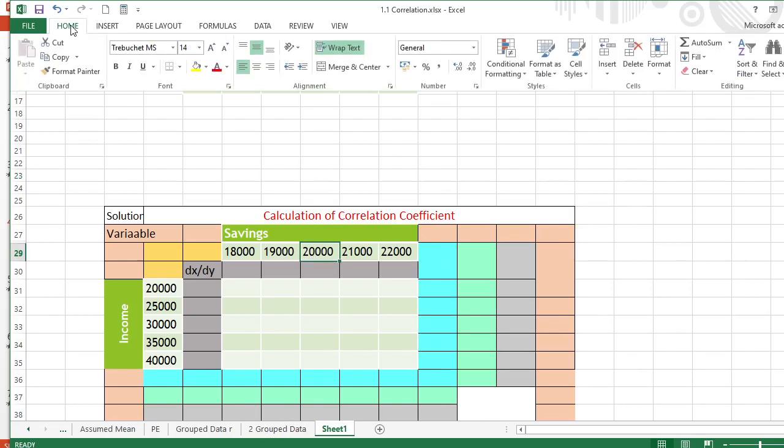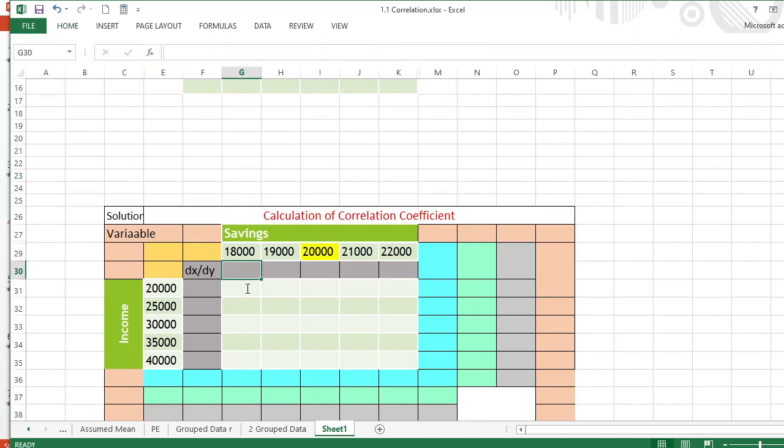Then the dx formula is (x minus a) divided by c. Here the c value is the difference between 19,000 and 18,000, so the difference is 1,000.